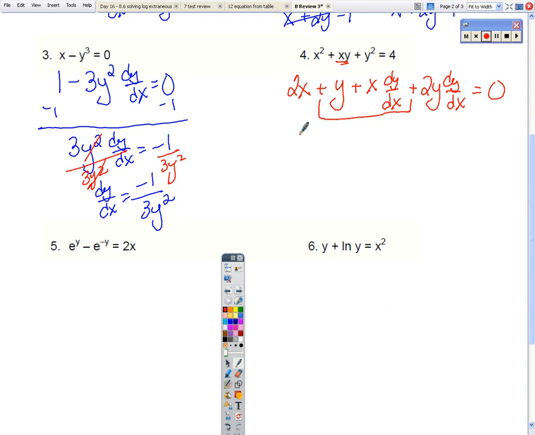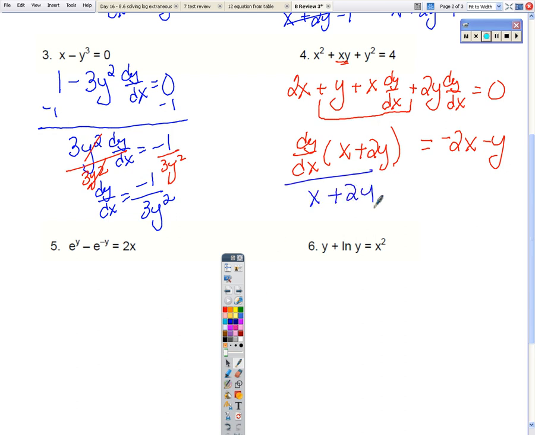Now I'm going to move everything that's not a dy/dx from the left to the right, so that's negative 2x minus y. And for what's left, I'm going to factor out dy/dx. I'm going to divide both sides by x plus 2y. So dy/dx equals this quotient.